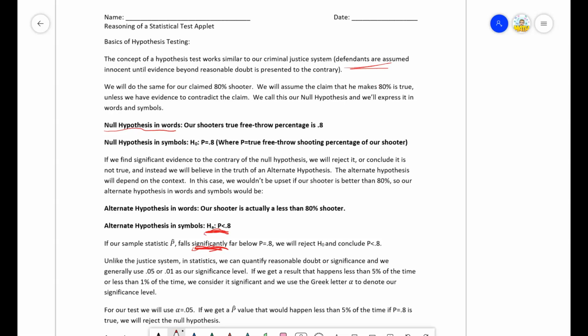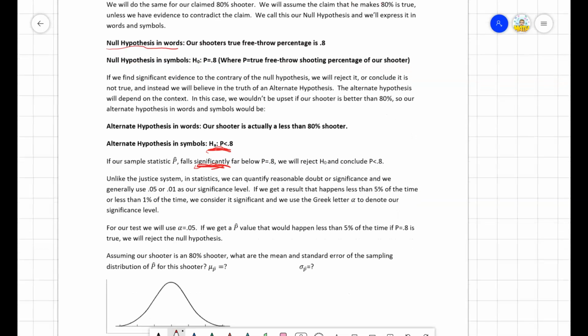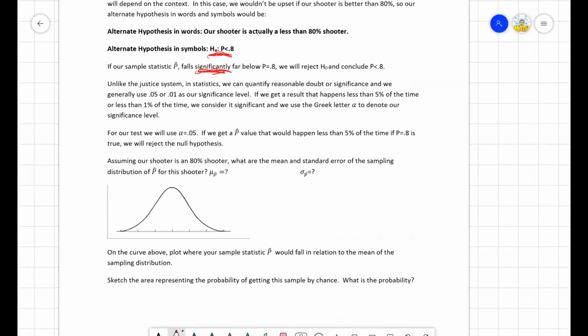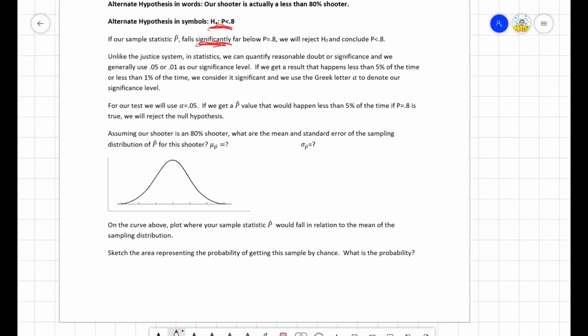Probability, right? And in this case, the central limit theorem and a normal sampling distribution. For means, we'll use the t-distribution, same as we did for confidence intervals.